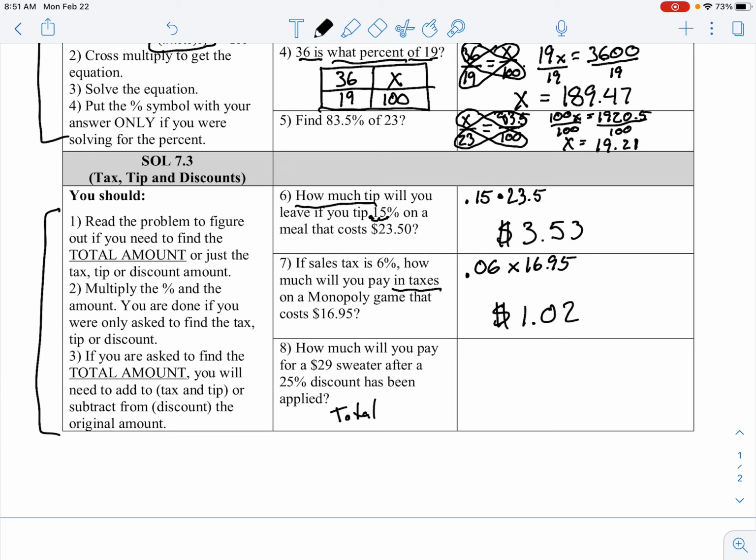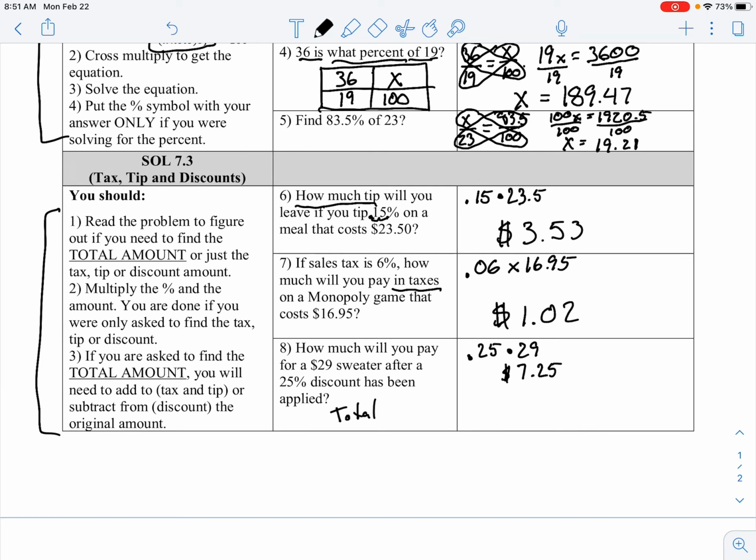All right, so remember, same thing for taxes, tips, and discounts. So turn my percent into a decimal, so 25% would become 0.25 times the original amount, $29, and we get 29 times 0.25 is $7.25 discount.